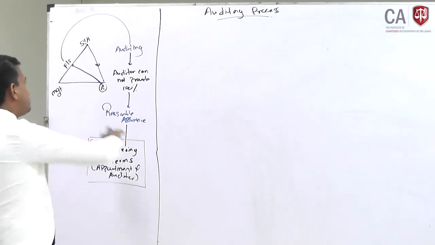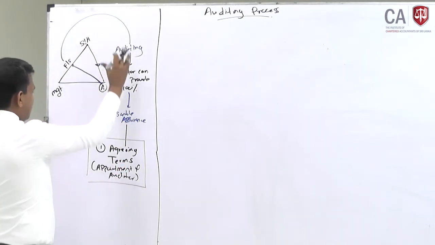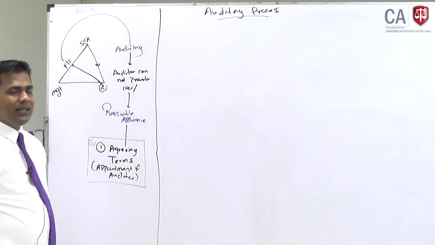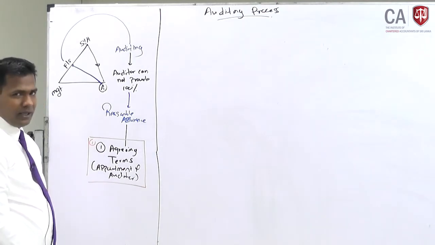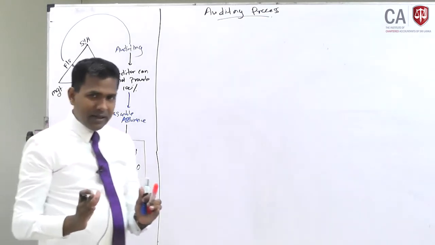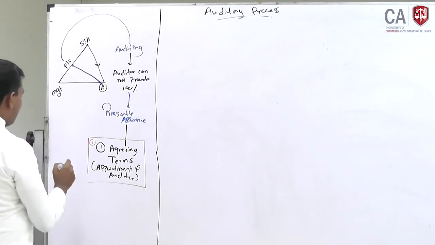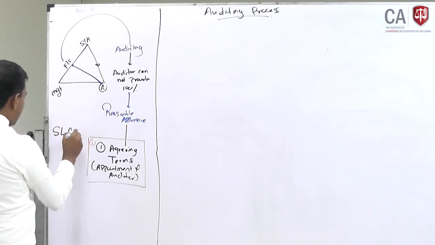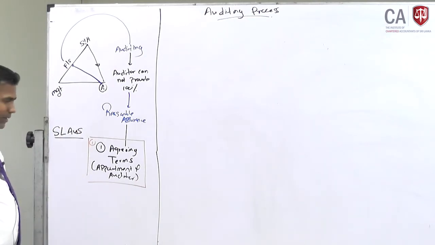Right. So you need to have the basic principles. Now you are also going to learn the basic principles of auditing and all. A key task here is agreeing the terms of the auditor. So in this first step in the auditing, you need to be aware of all these things. All these standards, we call the SLAUs. I hope that you can see. All these standards you have to learn here.